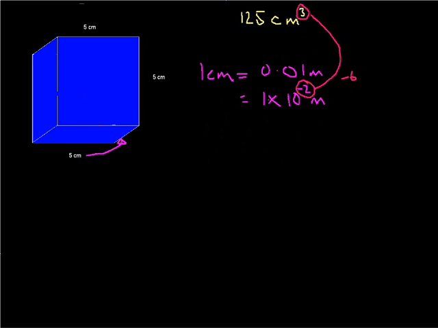So 1 centimeter cubed equals 1 times 10 to the minus 6 meters cubed. Exactly the same principle. Again, instead of times by 2, we're times by 3. Minus 2 times 3, minus 6. So now we know our 1 centimeter cubed equals 1 times 10 to the minus 6 meters cubed. You're exactly the same as before.